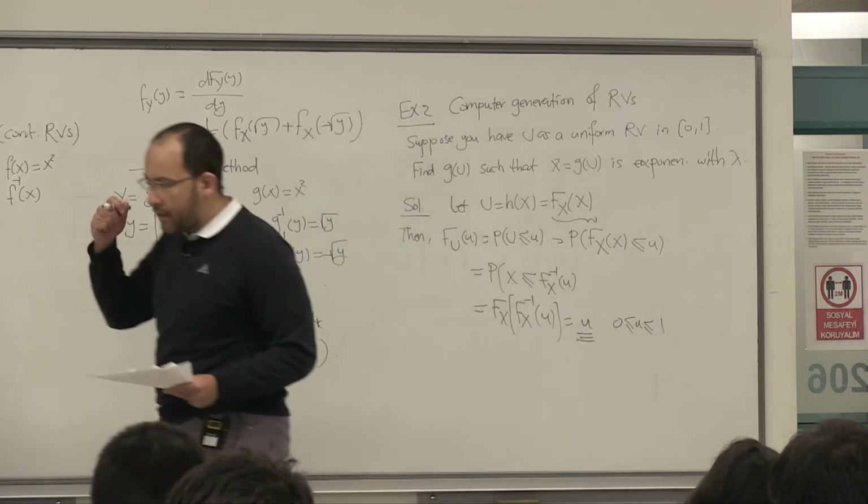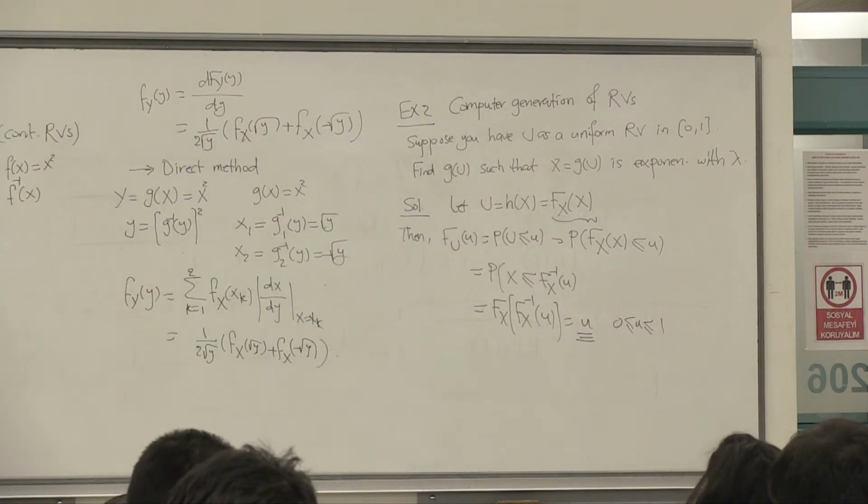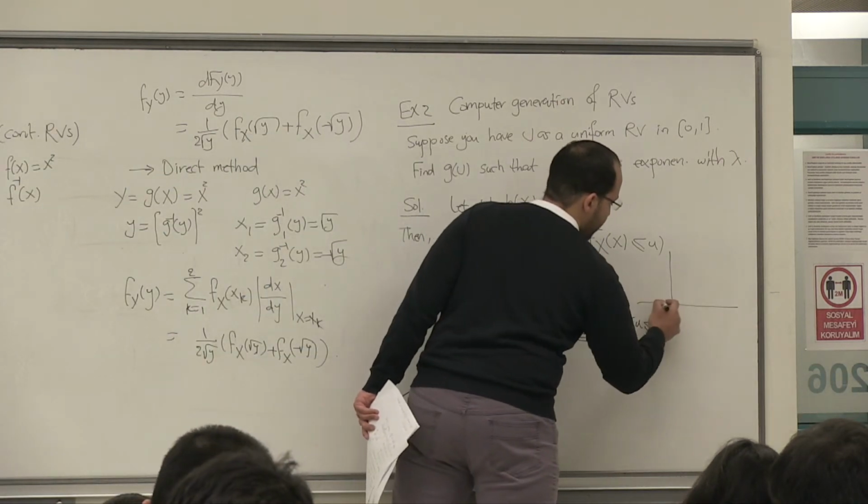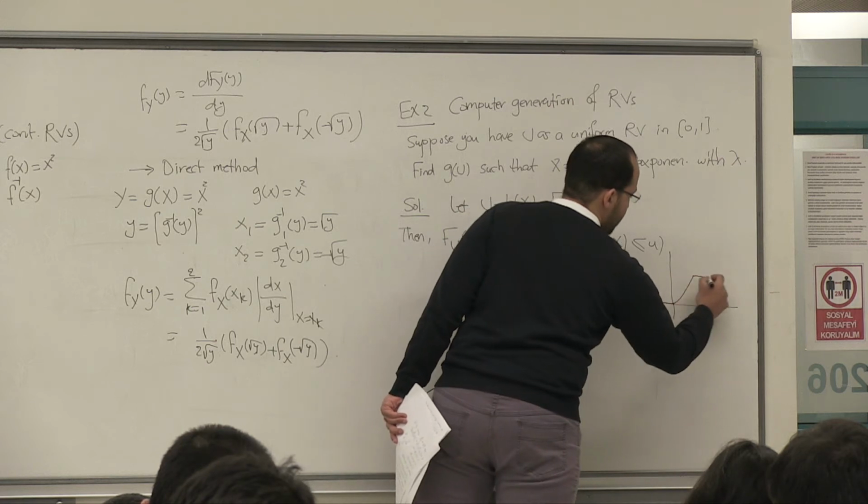Okay, what is the only random variable that has its CDF being u, where u is between 0 and 1? What is the only random variable that has its CDF looking like this?